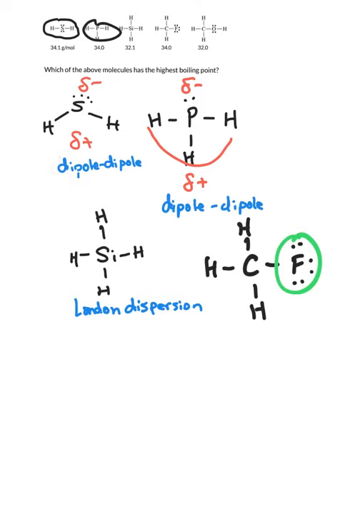That means that this is a polar molecule. We have a partial negative charge on the fluorine side and a partial positive charge over on the hydrogen side. The strongest intermolecular forces of interaction between molecules of fluoromethane must be dipole-dipole.